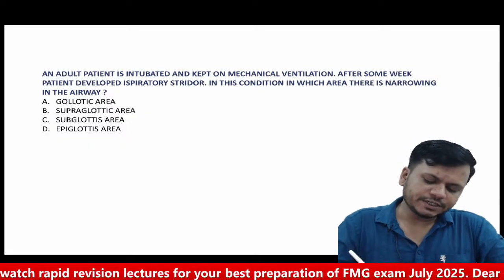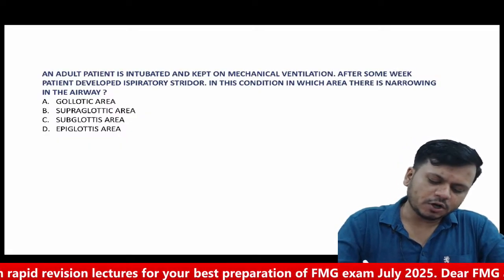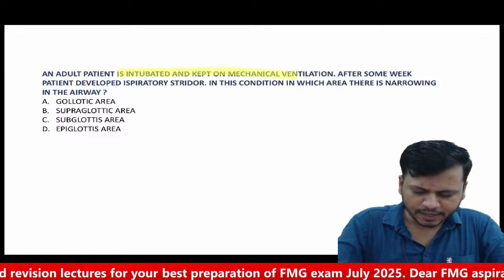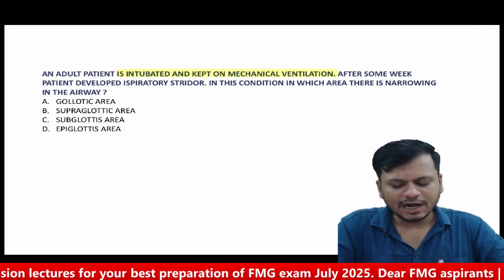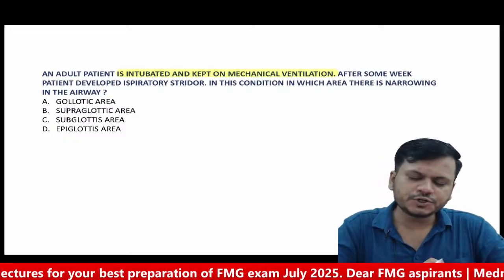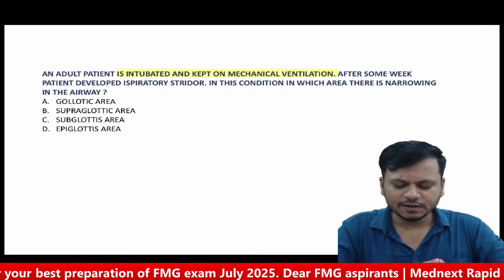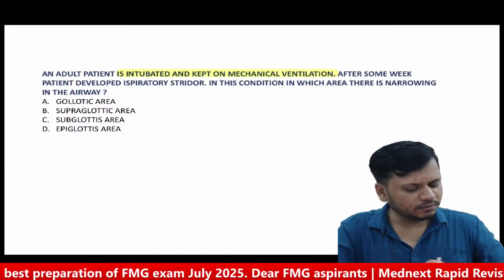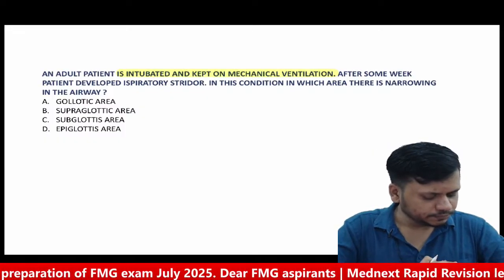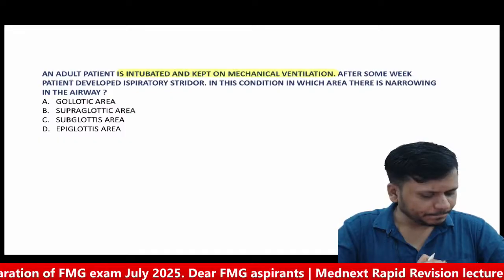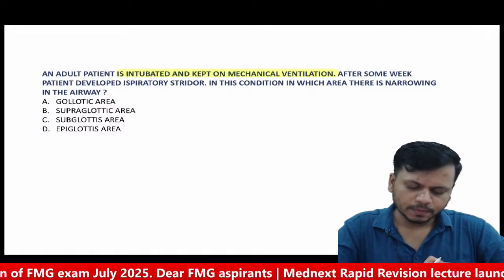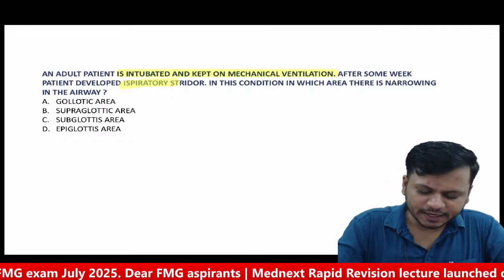An adult patient is intubated, kept on mechanical ventilation after some weeks. Now I am not sure, it was written some weeks or few days. Okay, if anyone can recall, let me know. Patient developed inspiratory stridor.